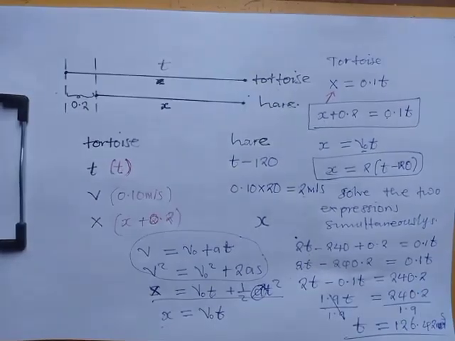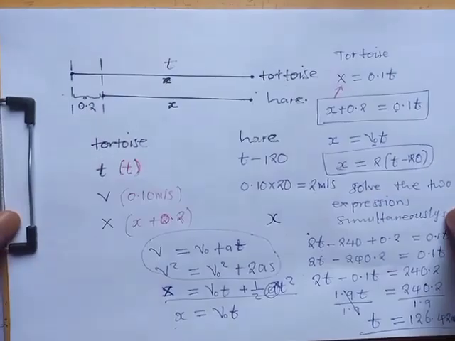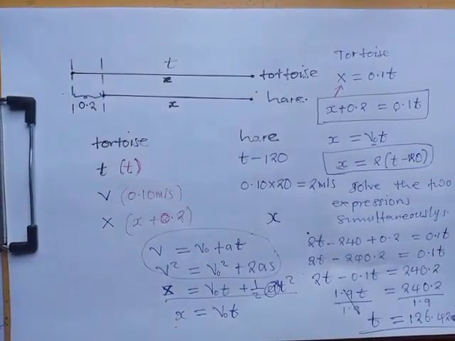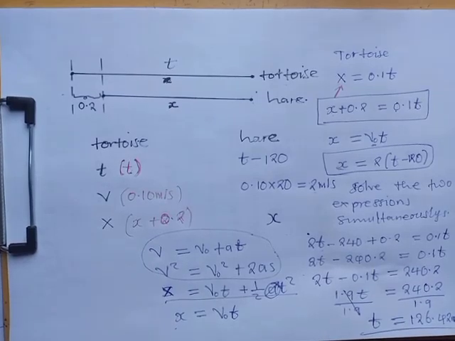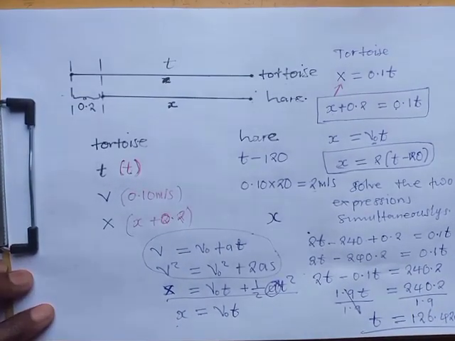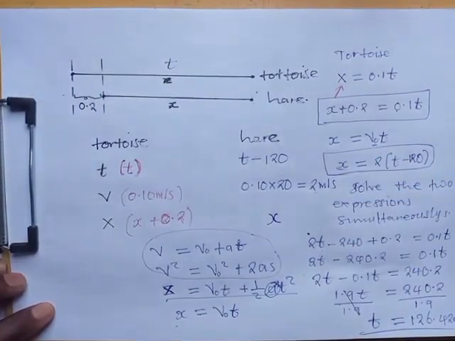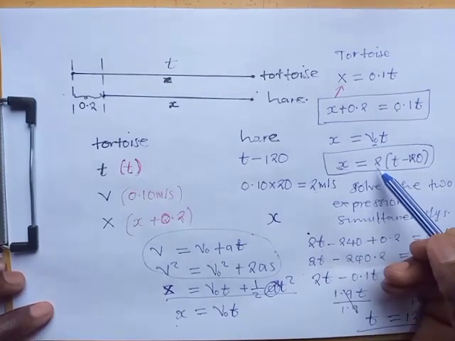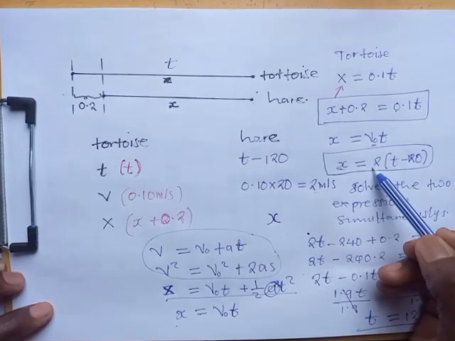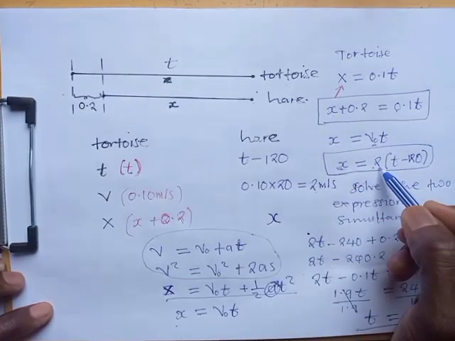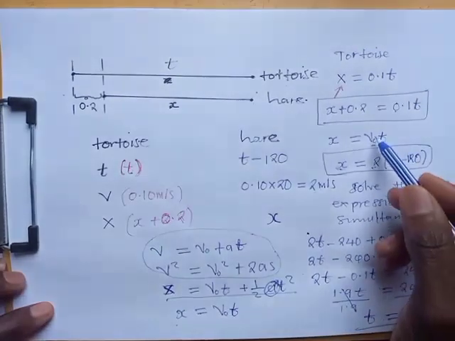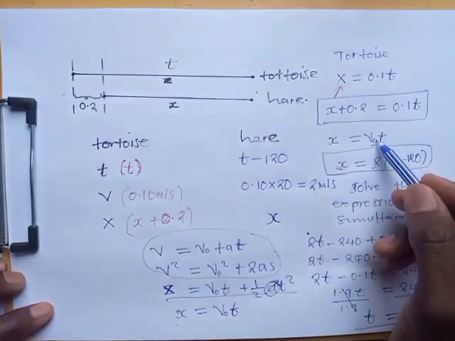So if you want to solve the remaining question now, we are going to do it as follows. For us to solve the remaining question, we are going to consider the one that finished the race. So which one finished the race? I'll just say x has to be equal to the tortoise.